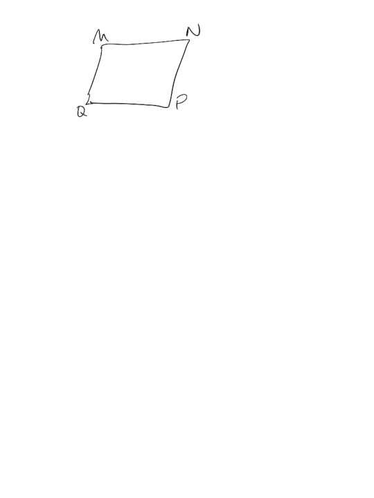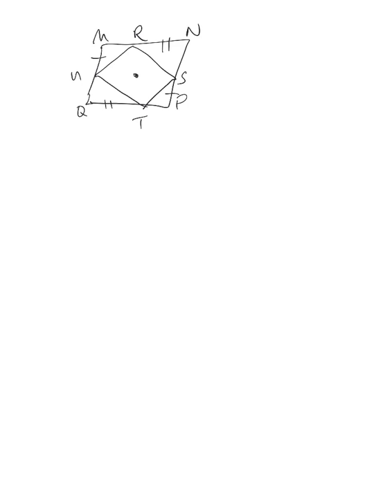Then inside they give us these points, R, S, T, U. And they tell us that MU is congruent to SP, RN is congruent to QT, and they want us to prove that this inner shape is a parallelogram.